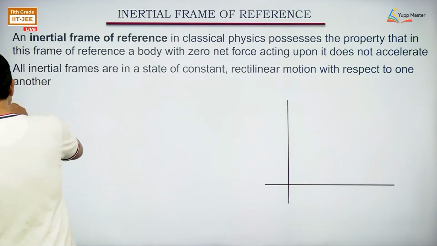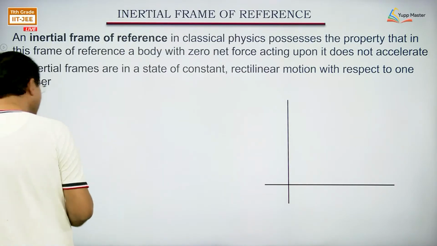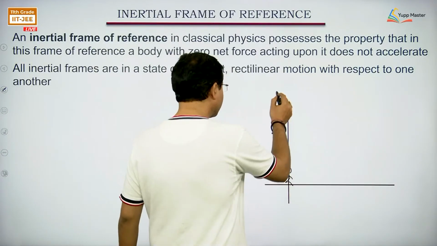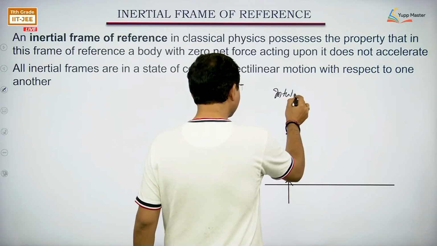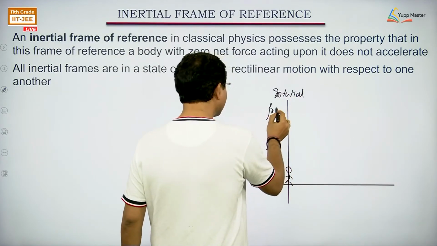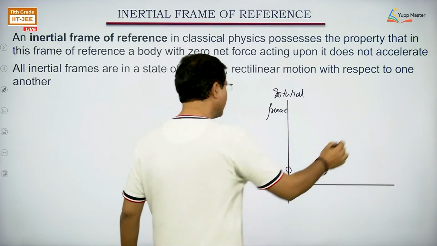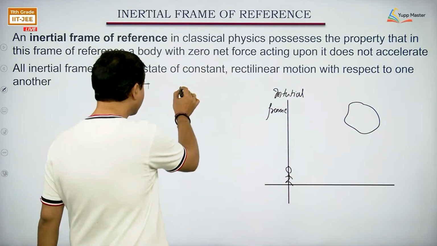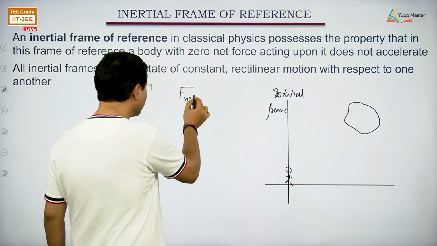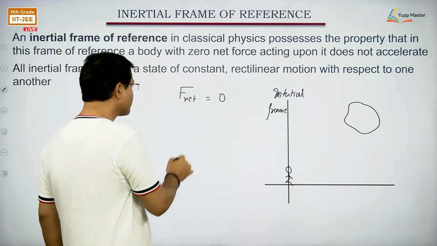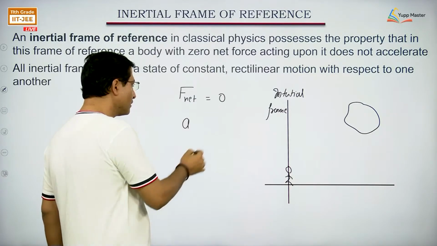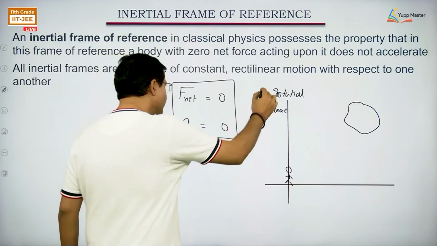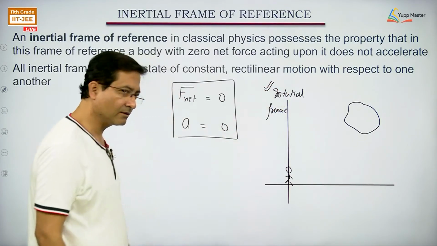That means any observer on an inertial frame, if he observes that there is no force on the body, so net force on the body is 0, and he observes that acceleration is 0, then the frame is said to be inertial, right?